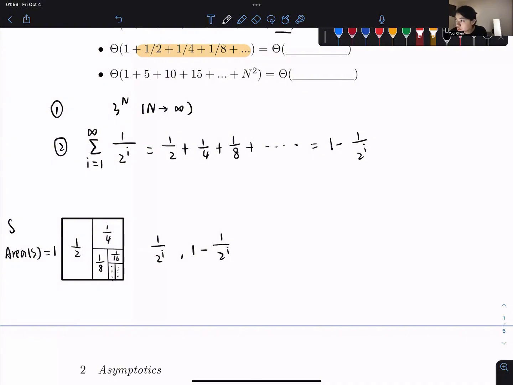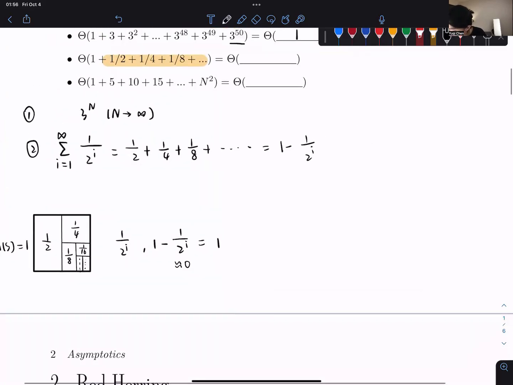Since i approaches infinity, this term approaches 0, and the overall area would be 1.